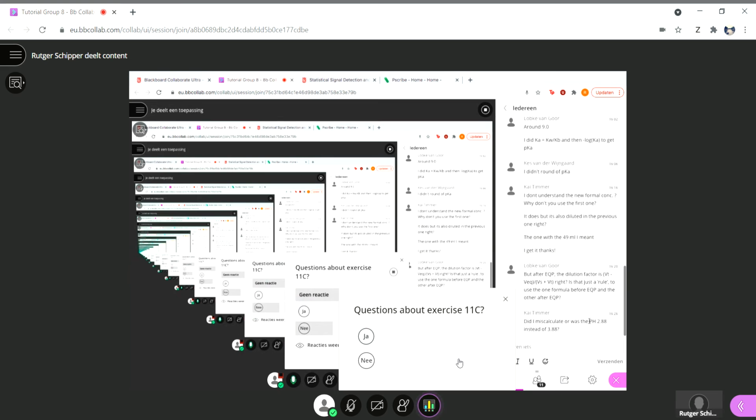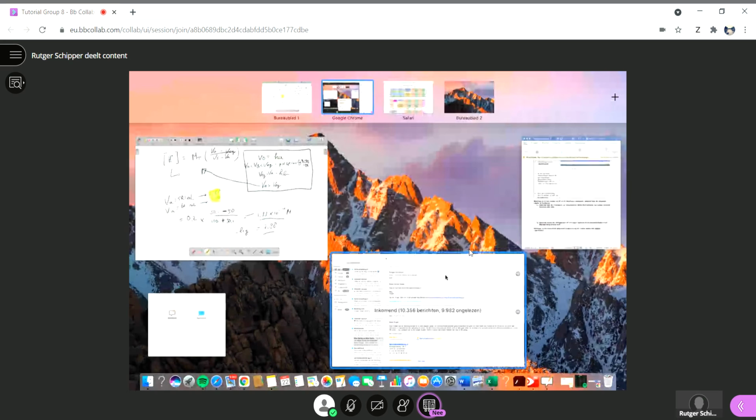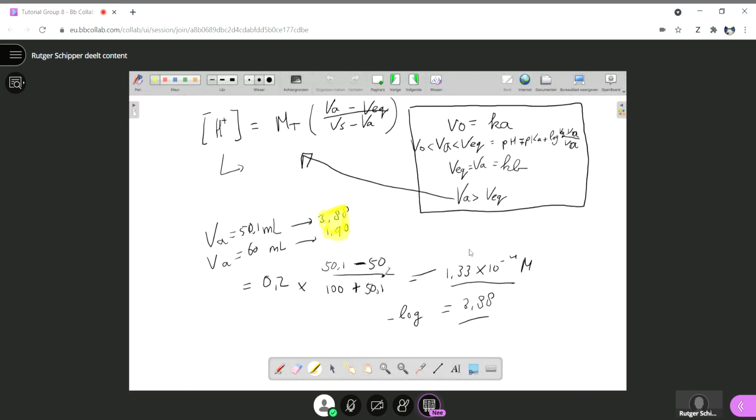Kai says, did I miscalculate or was the pH 2.88 instead of 3.88? Well, I kind of wrote down the wrong calculation, so it's 50.1. So I can perform it as well. Let's see. 50.1 minus 50 divided by 150.1 times 0.2. The minus log value of this one. Right.